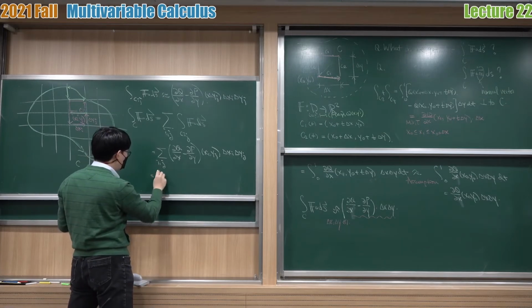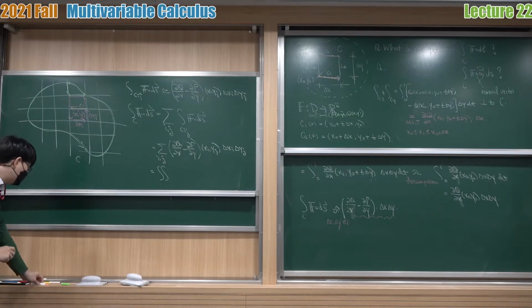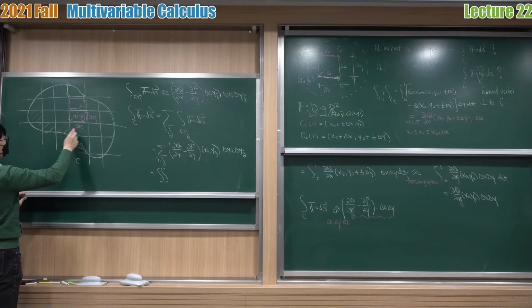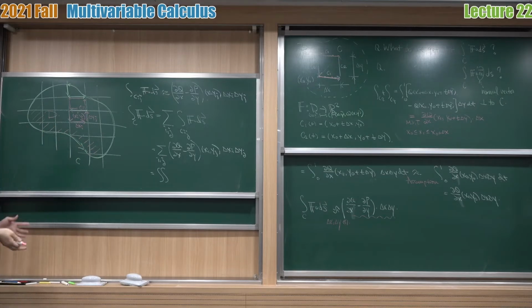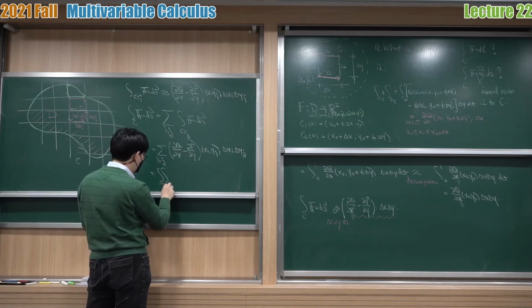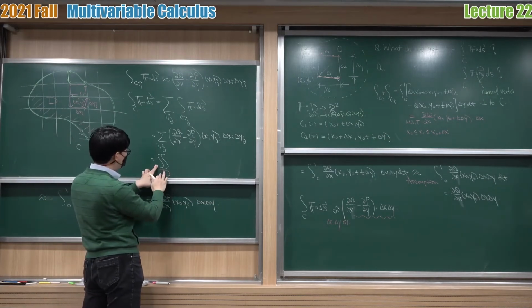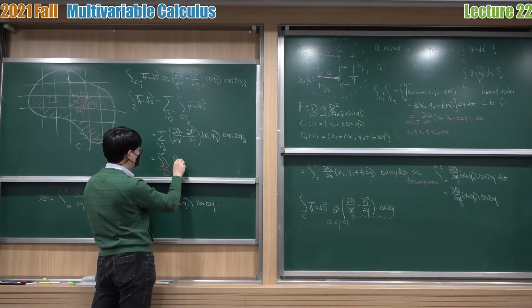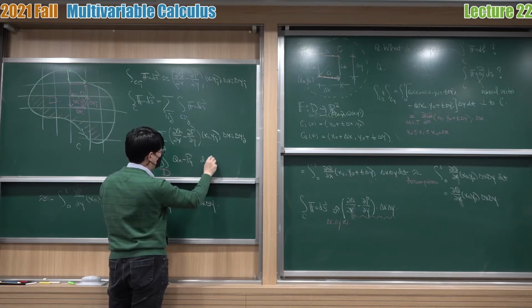Let's call the domain contained in C as D. So this becomes the integration over D of (∂q/∂x minus ∂p/∂y) dx dy.